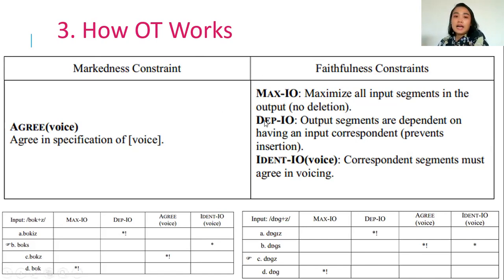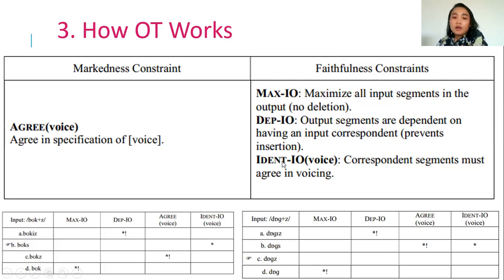And then Dep IO, or dependent IO, means preventing the insertion or adding of a sound. In this part, if there is an insertion or an adding, then it will be forbidden in the table, or in the evaluation.